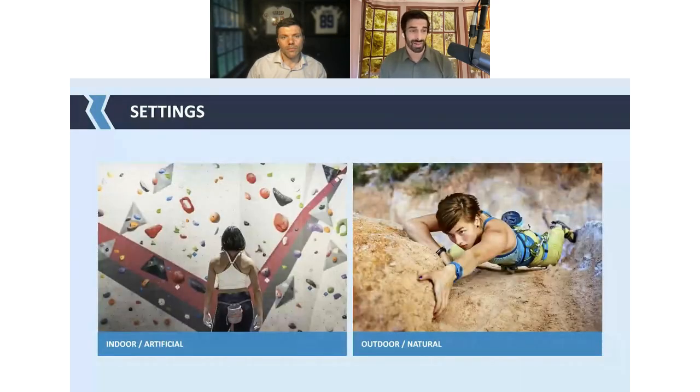And then climbing can really be either indoors on artificial terrain, or it can be outdoors on natural climbing terrain. So I just wanted to briefly touch base on what climbing is, the different components or disciplines, and as well the settings.